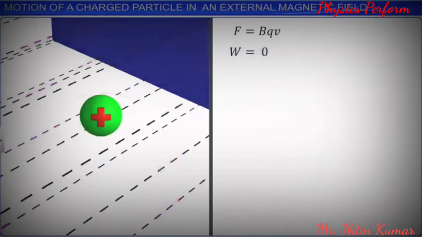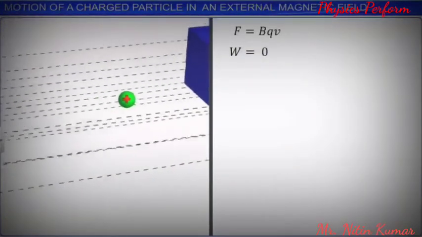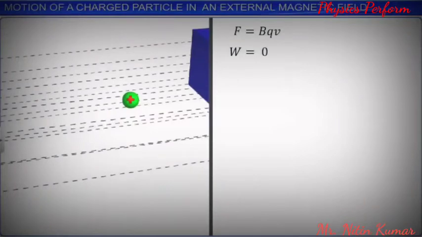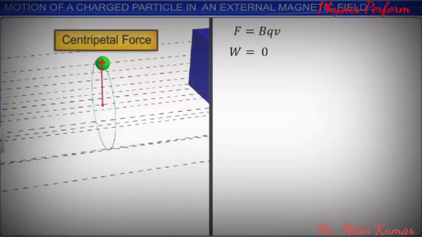As the magnetic force acting on the charged particle is perpendicular to both the direction of its velocity and magnetic field, the charged particle moves in a circular path, and the magnetic force acts as a centripetal force.